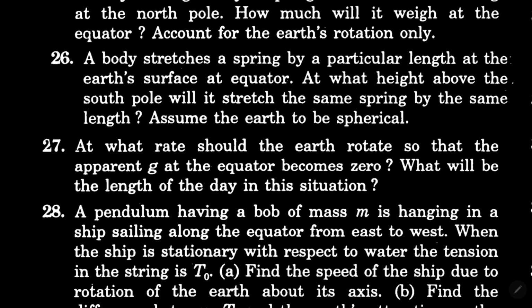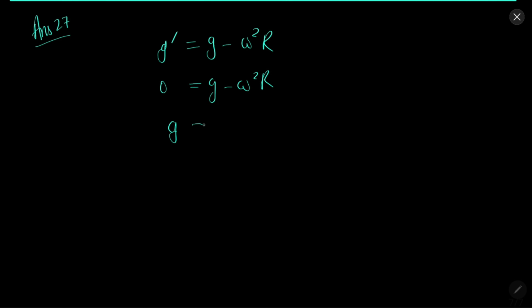In question 27, at what rate should Earth rotate so that apparent g at equator becomes 0? So this is solution 27. So g dash equal to g minus omega square r, we want it to be 0. So g equal to omega square r, so omega will be root g over r.